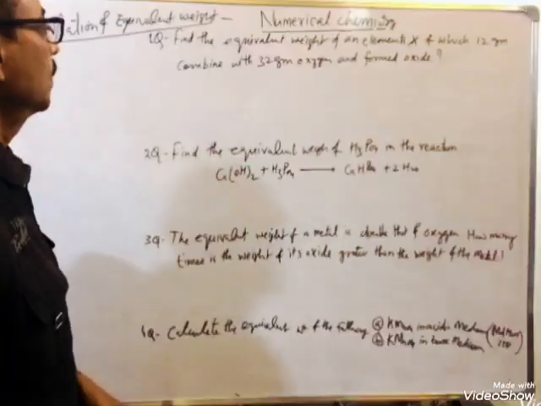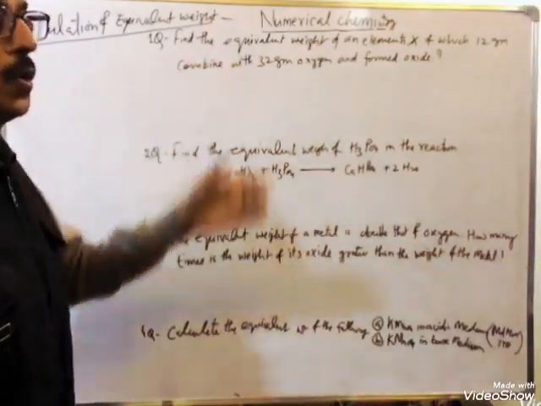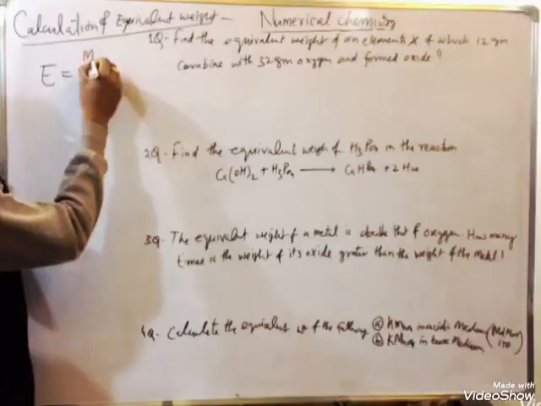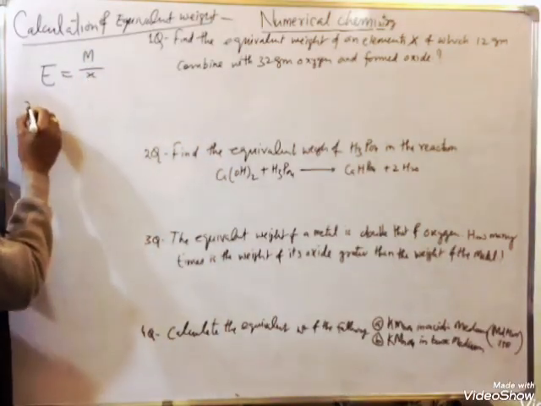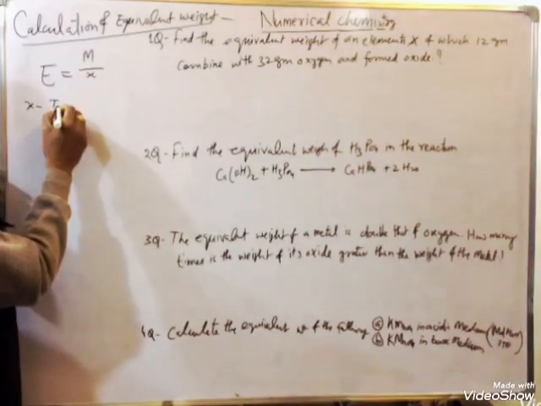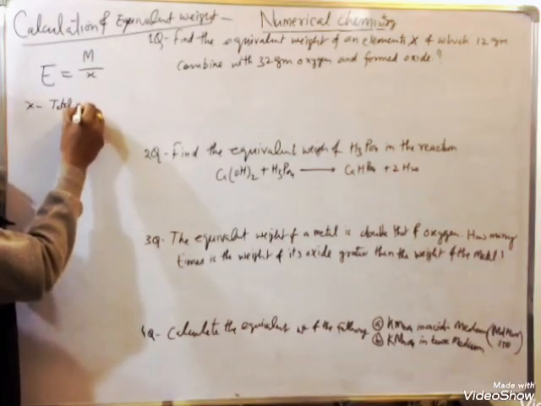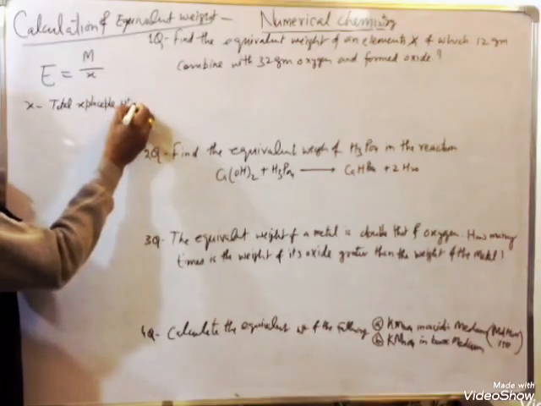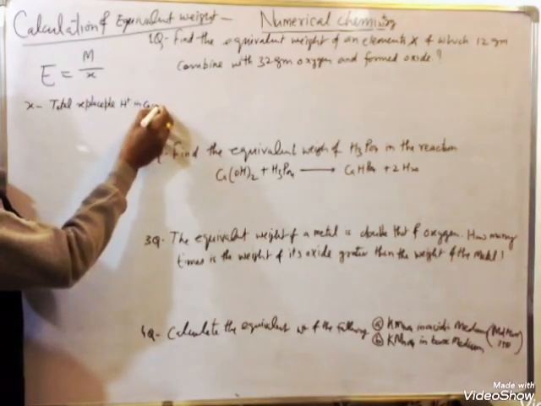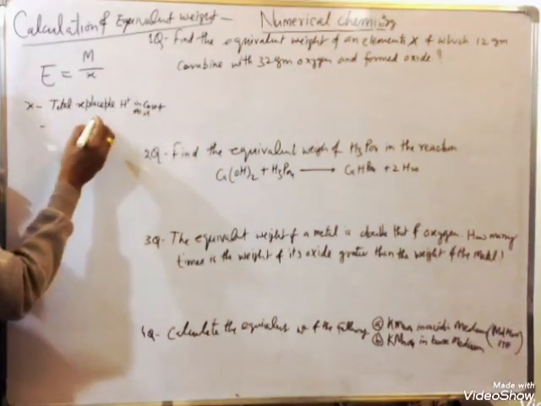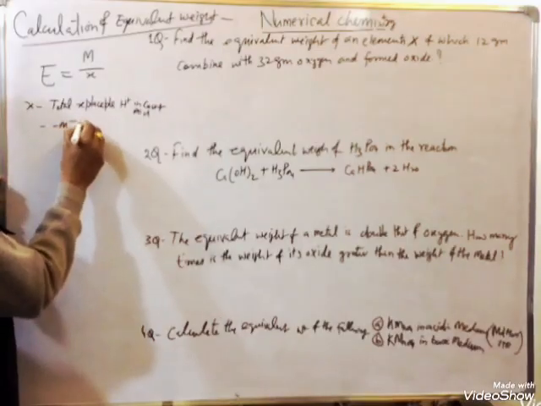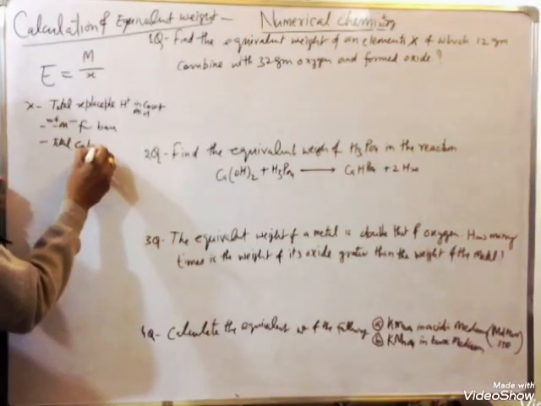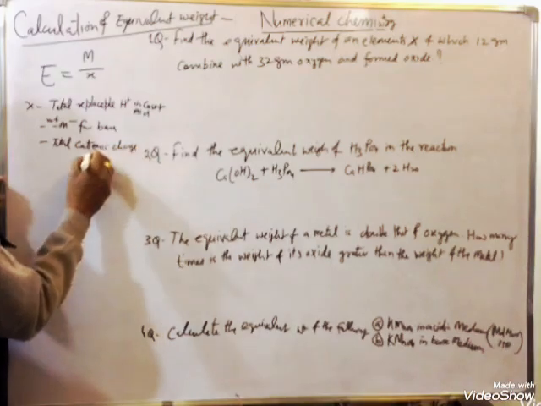Calculation of equivalent weight. You know equivalent weight is the molecular weight divided by x, where x is the total replaceable hydrogen atoms, or replaceable ions, in case of an acid, or the number of OH ions for a base, or the total cationic charge for a salt.